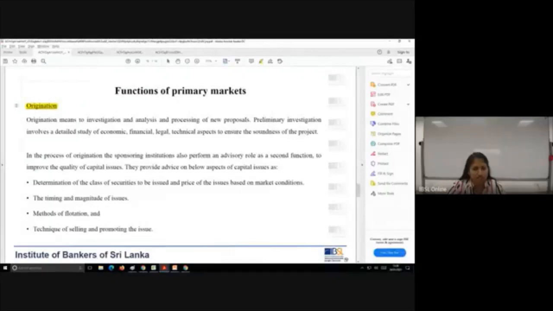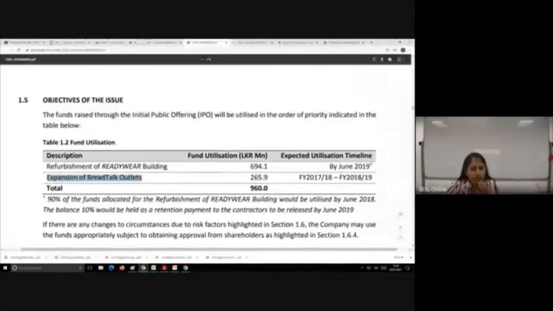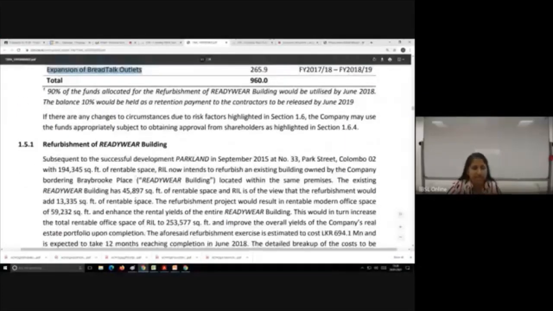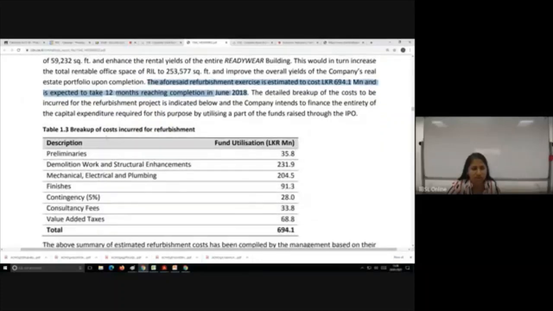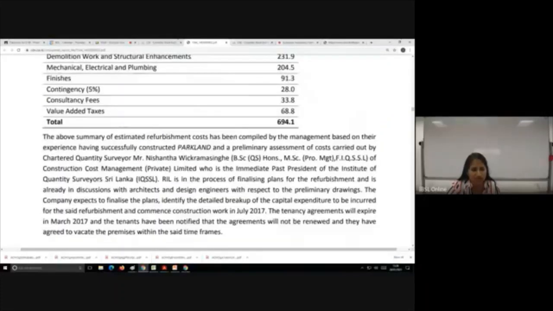So in origination, the sponsoring institution especially is going to analyze and investigate whether it's viable and good on all these aspects. They do an in-depth need analysis. Why do they need it? What is the extent of their need? They check whether the amount that they require is correct, when they are going to complete, all of those. Here you have the breakup of the costs given.